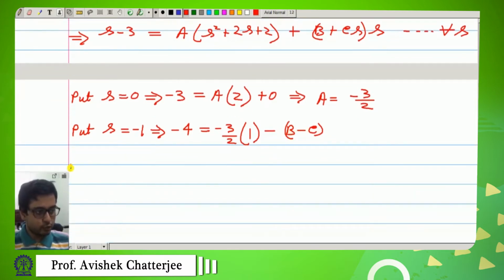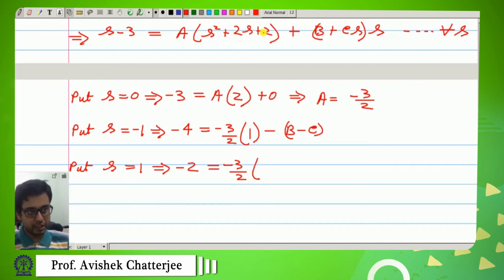Similarly, if we put some other value, say s equal to 1, we will get 1 minus 3 is minus 2 equal to a, which is minus 3 by 2, and here 1 plus 2 plus 2, so 5, plus b plus c multiplied with 1.